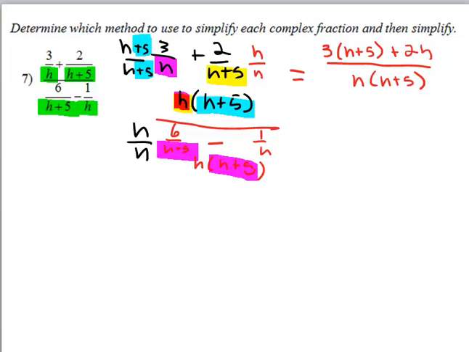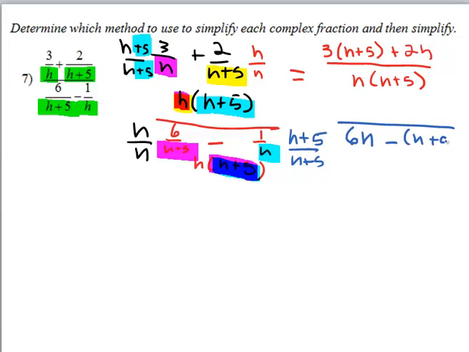Here I have h, and h is missing this. So I'm going to multiply that by h plus 5 over h plus 5. And my new denominator looks like 6h minus h plus 5 all over h times h plus 5.